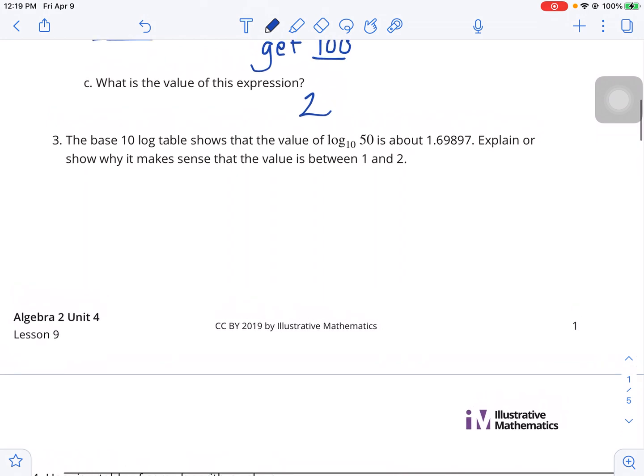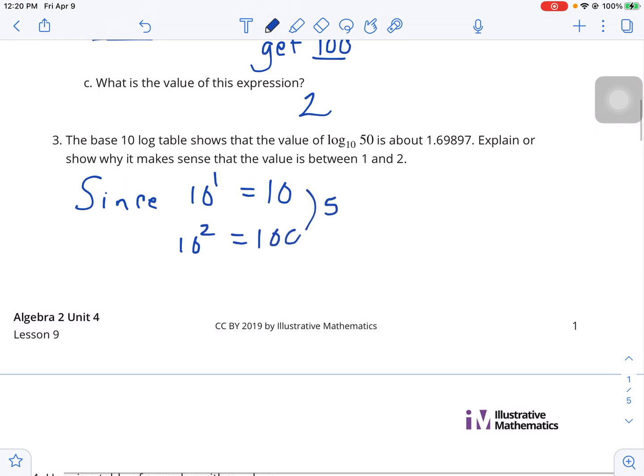Since 10 to the first is 10, and 10 to the second is 100, 50 is between these two, and so it would make sense that the exponent is between 1 and 2.